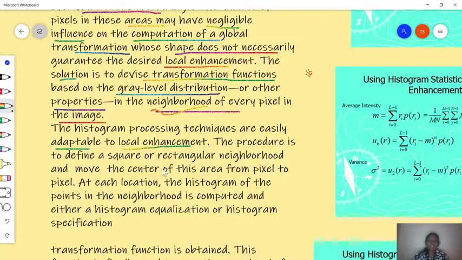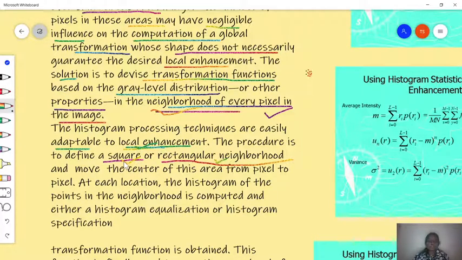So the procedure to do this local enhancement, to pick the neighborhood of every pixel, is defined by using a square or rectangular neighborhood. By these two operations, we can get local histogram processing enhancement.